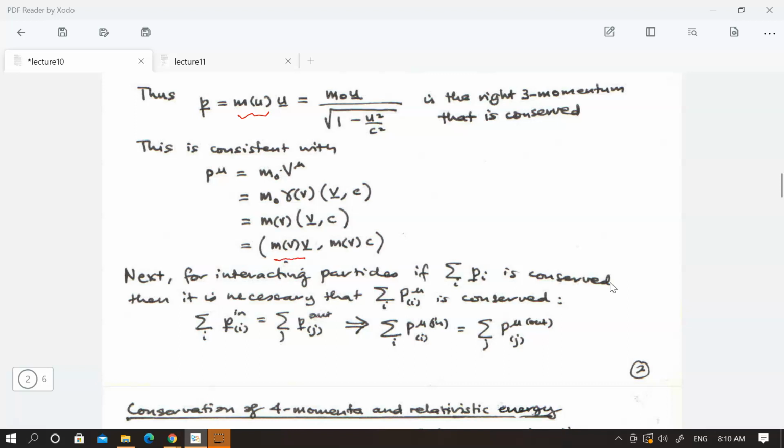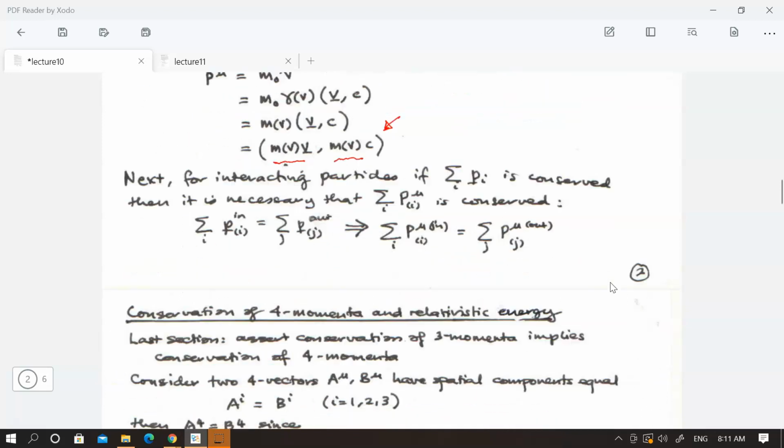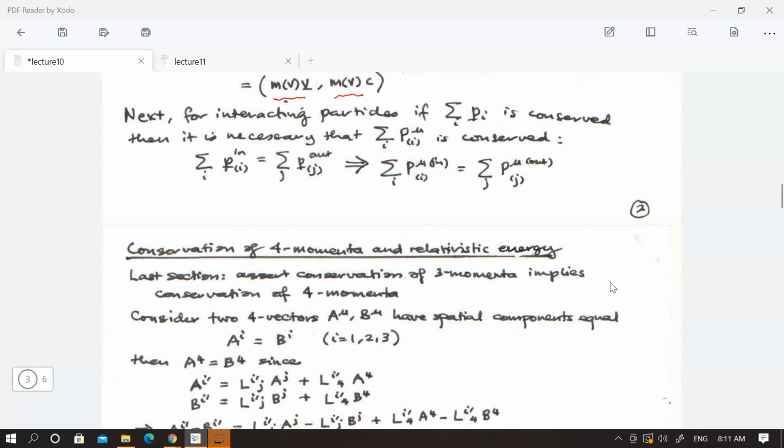relativistic momenta, which looks like your ordinary momenta, and this one we will relate to energy in the next section. So we'll talk about this. The idea is that what we have done essentially is to use conservation of the three-dimensional momentum.